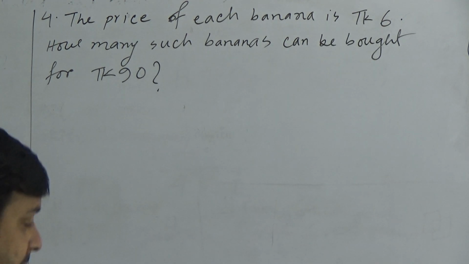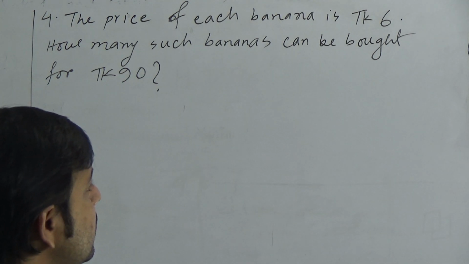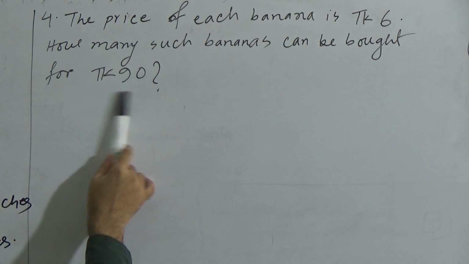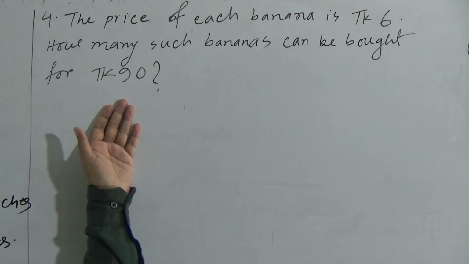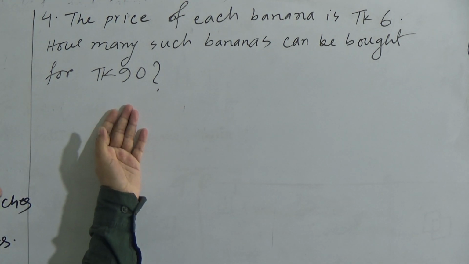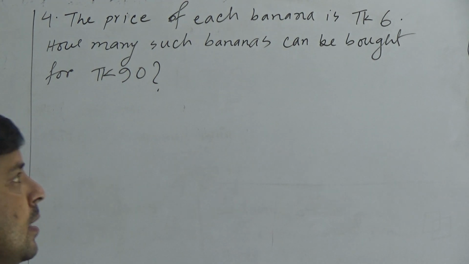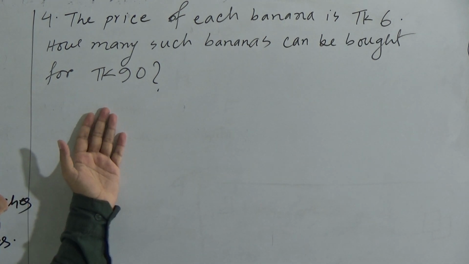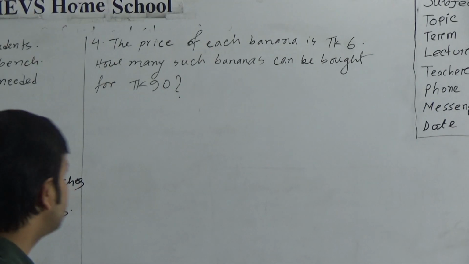It means that here also we have to find the number of bananas that we can buy with taka 90. So if we divide the total amount of money, taka 90, by the price of each banana, it means taka 6, we will get the number of bananas. It means that we have to divide 90 by 6 to get the number of bananas. So we can start the solution.